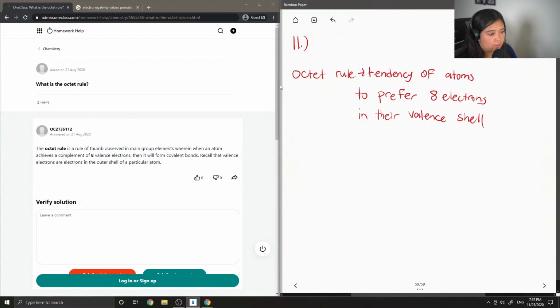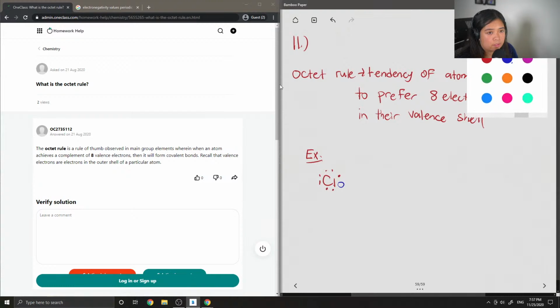So let's say we had chlorine, for example. It has 7 valence electrons, and it really wants to gain another electron to be more stable. So this is an example of the octet rule.